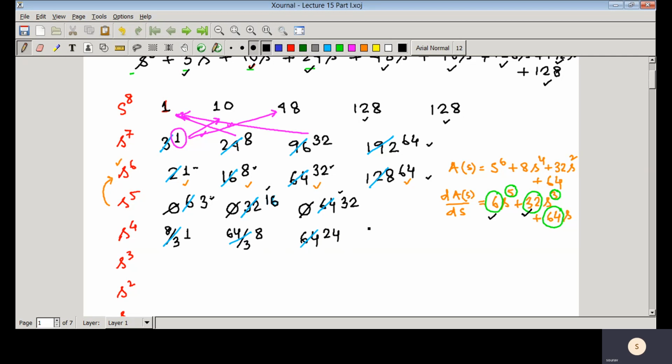Then if we proceed, 1 into 16 minus 8 into 3, so 16 minus 24, that is minus 8 divided by 1.